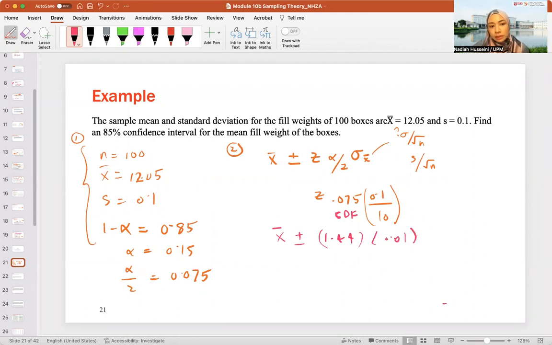So times 1.44 gives 0.0144. And I can just substitute this one to be 0.0144.